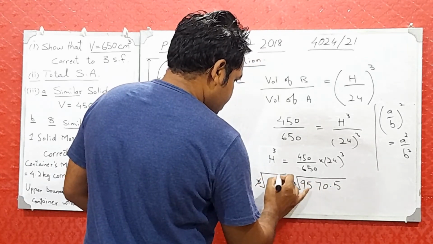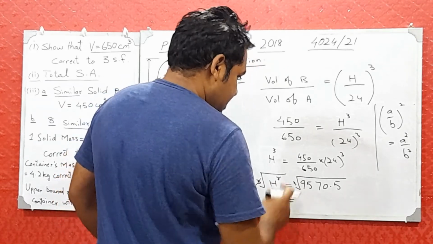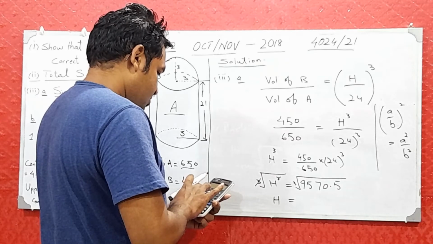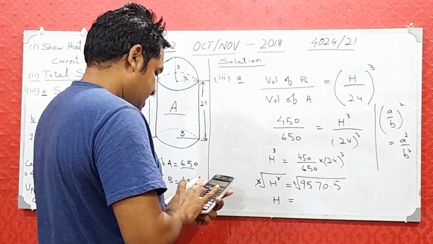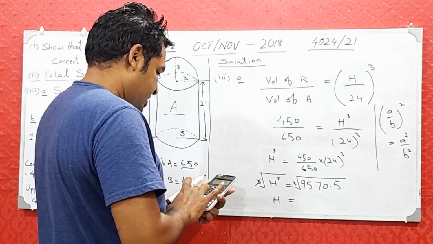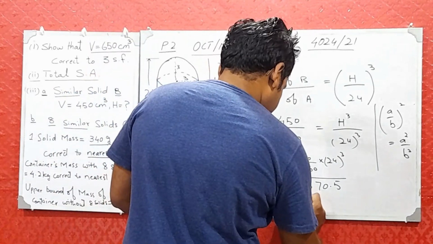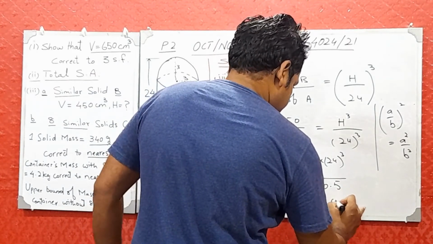The cube and the cube root cancel each other, and we are left with h. Now just take the cube root of 9570.5, so the answer is 21.23 centimeters.